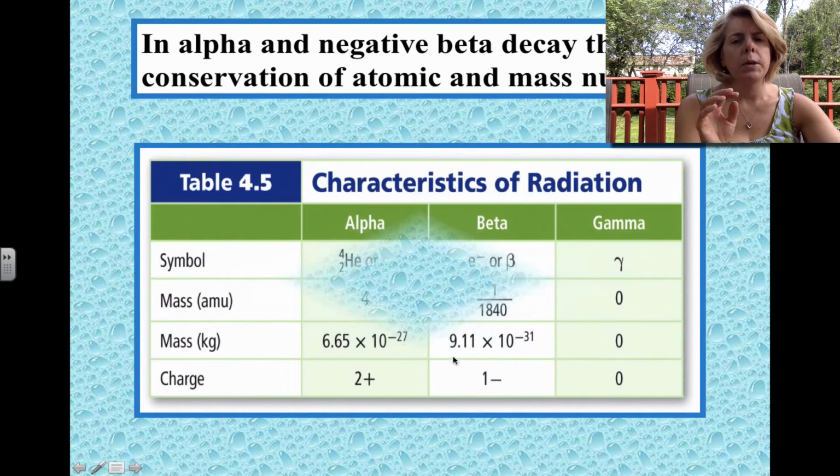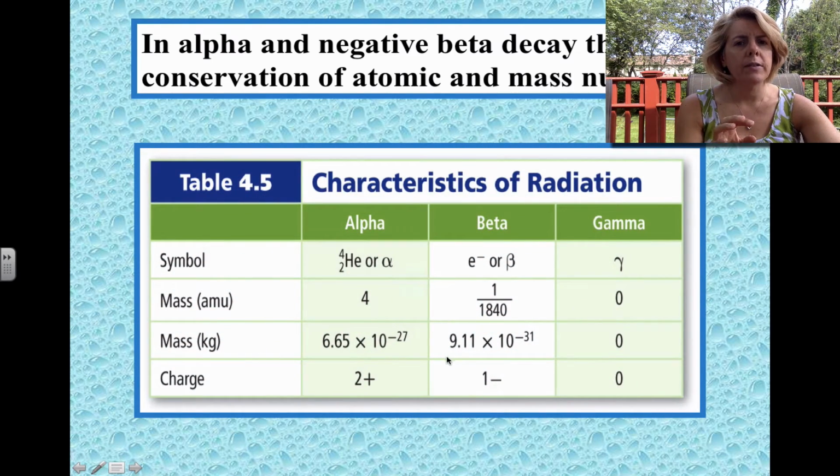Okay, so because of the conservation of mass, we have to have good accounting of where that mass is going. So notice that if you have alpha emission, we have an alpha particle. Beta emission, we have a negatron or a negatively charged electron. And the gamma actually is not a particle, just to let you know.